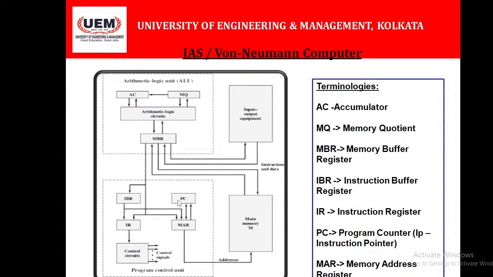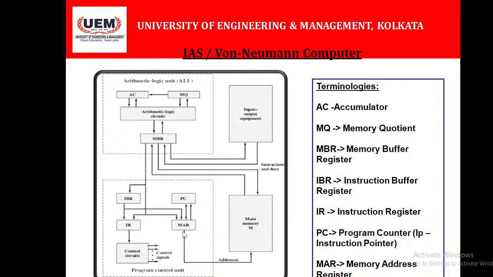PC is the program counter, and MAR is the memory address register. So there are two important memory registers we will be learning here: the memory buffer register and the memory address register. IBR is the instruction buffer register, IR is the instruction register, and PC is the program counter.